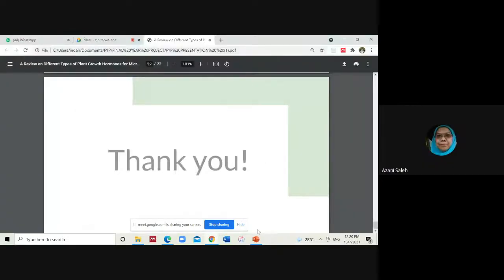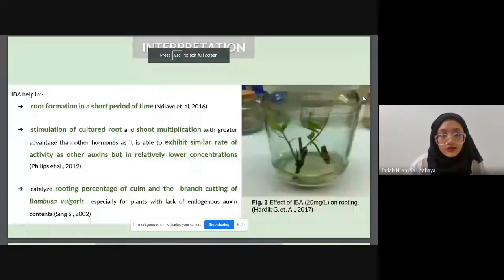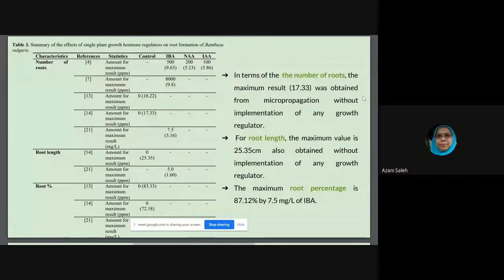Okay, Indah, can you go back to your result, table 3? Okay, this is the control, compared to IBA, NAA, and also IAA. The 0 outside the bracket means without plant growth regulator, 0 concentration.